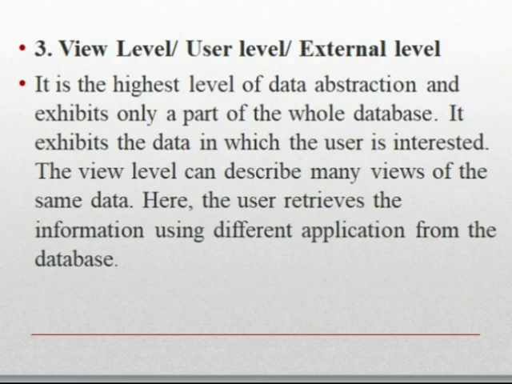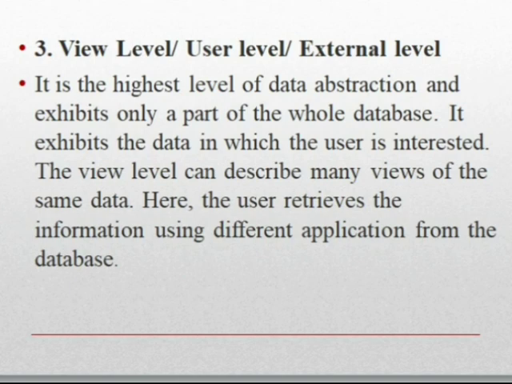Now next is the view level, or user level, or external level. It is the highest level of data abstraction and exhibits only part of the whole database. It exhibits the data in which the user is interested. The view level can describe many views of the same data.